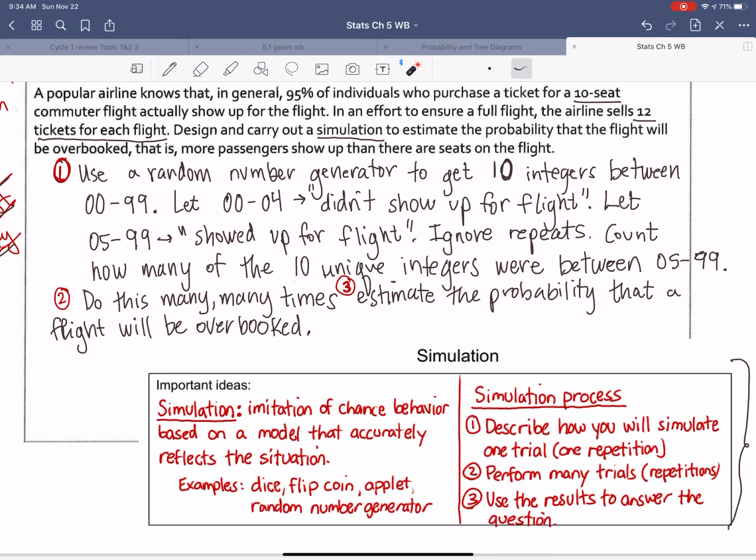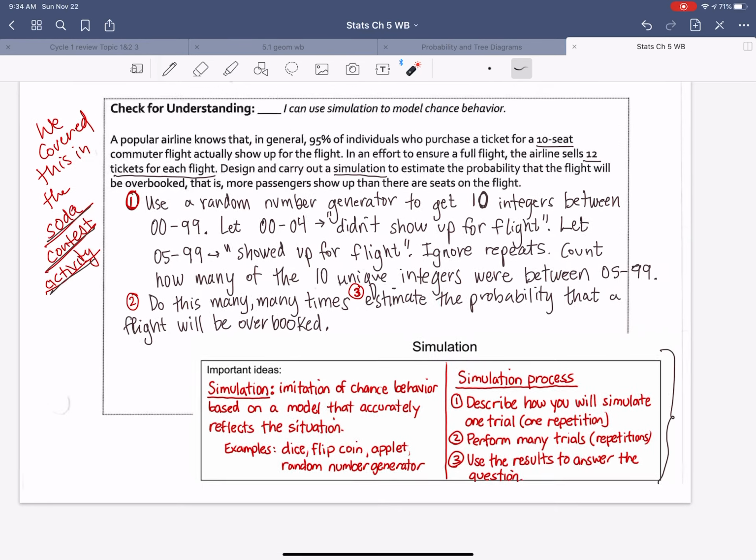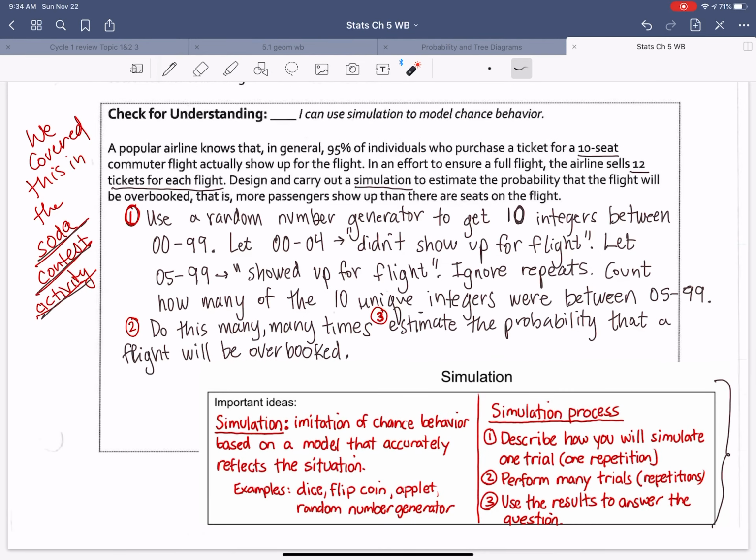Looking back at our notes from the soda contest activity, we are pretty much just swapping out what we wrote there. Use a random number generator to get 10 integers between 00 and 99. We want to make 5 of the numbers represent no-shows, so it doesn't matter which 5. I just set 00, 01, 02, 03, 04, those 5 numbers, to represent didn't show up, because if 95% show up, that means 5% don't show up.